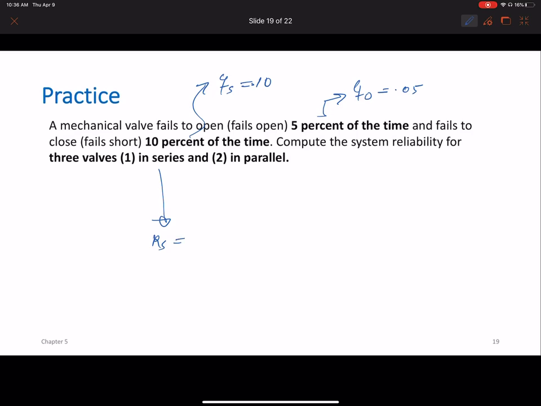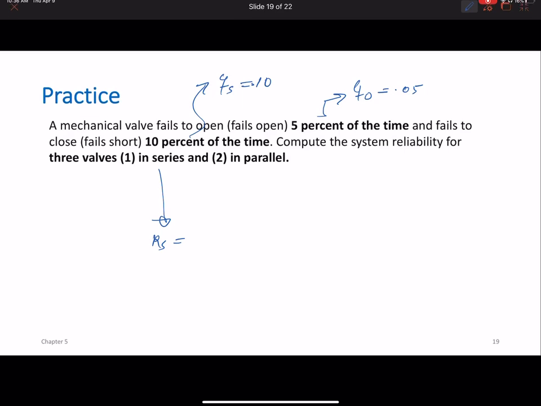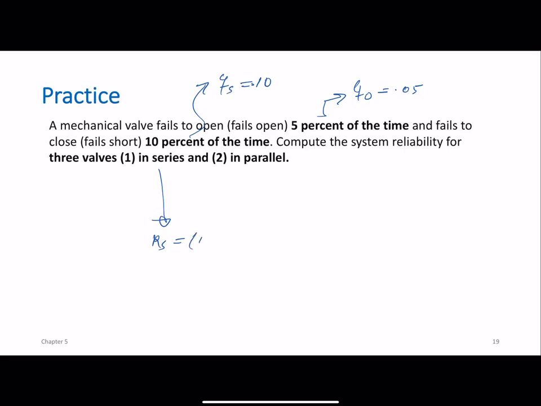What was it for series? It was the probability that none of them fails open minus all of them fail short. So 1 minus QO, to the power of 3, because we have 3 of them. First one doesn't fail open, and second one doesn't fail open, and third one doesn't fail open. Because there is an "and" between them, it's the product of them.